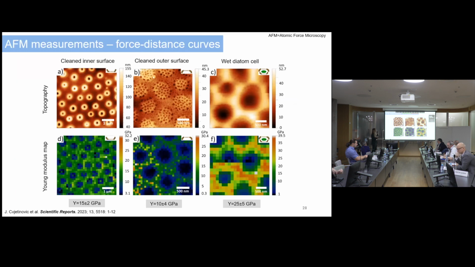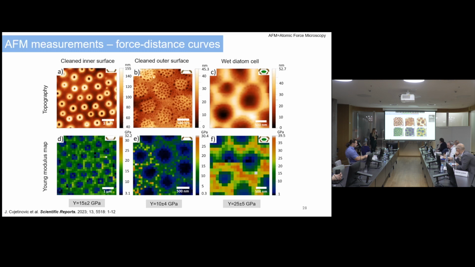mechanical experiments. Let's start with the atomic force microscopy results, which were conducted by maps. Here you can see just topography, and then here Young's modulus maps of the cleaned inner surface of the diatom, the cleaned outer surface, and the wet diatom cell.